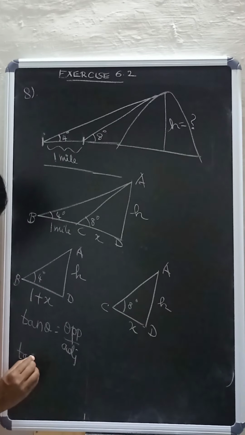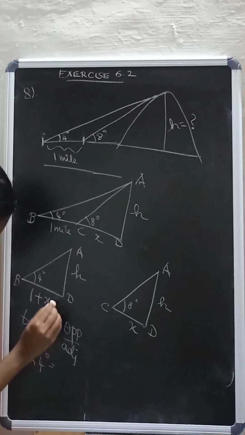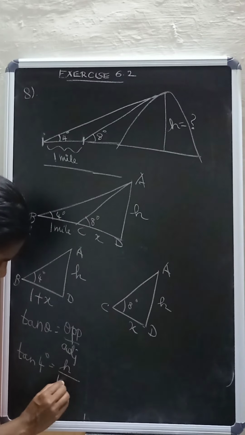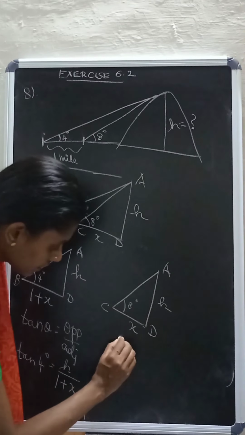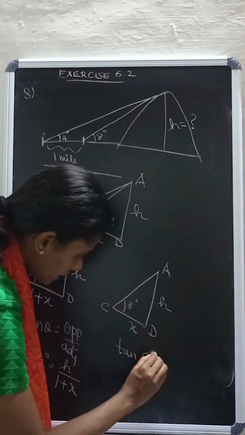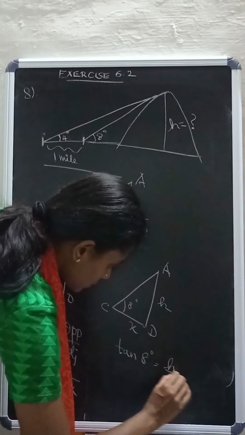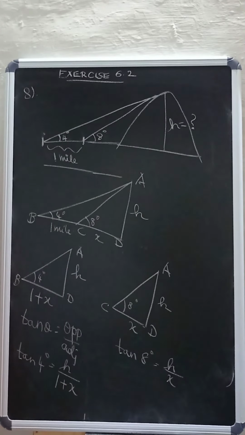So tan 4 degrees is equal to h by 1 plus x. Here tan 8 degrees is equal to h by x.